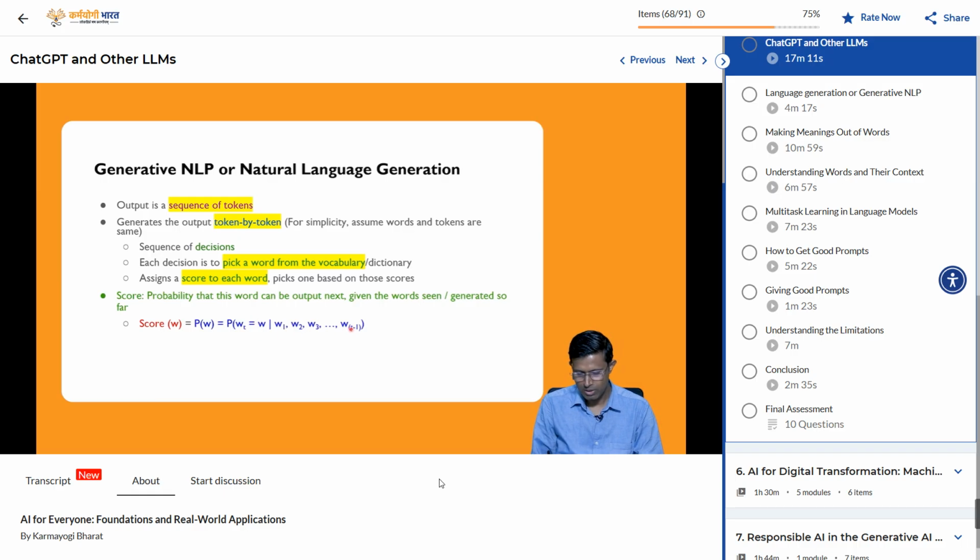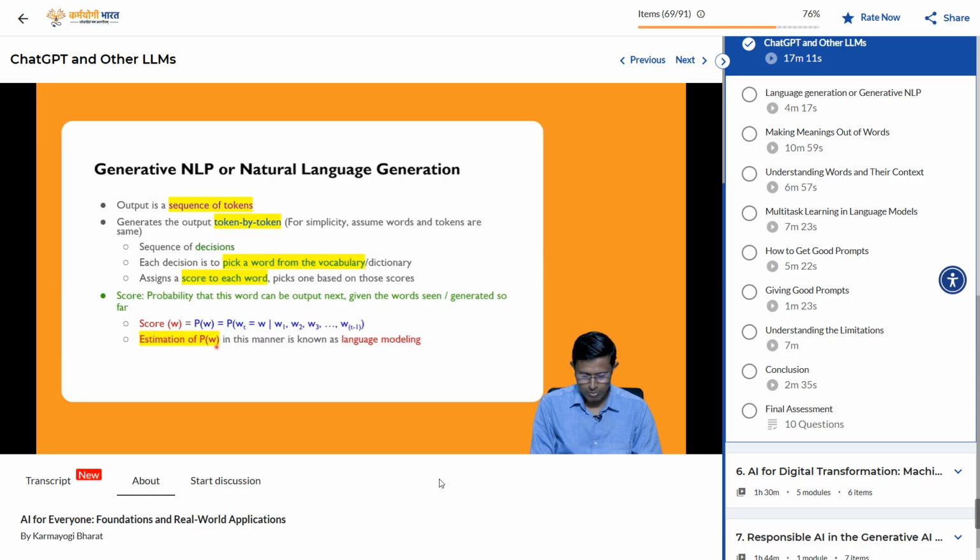These t minus 1 words are already seen; they are either from the instruction which has been given or the words which have been generated till now. Now we are generating the next token. For each word w from the vocabulary, we see the probability that the next word could be this particular word, and that probability becomes the score. Based on this, the model picks which word should be output next.